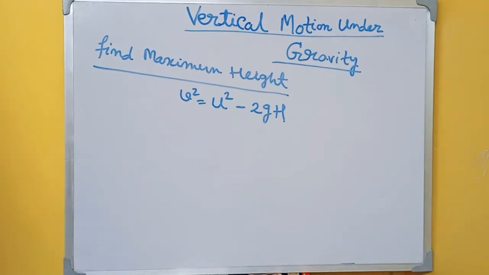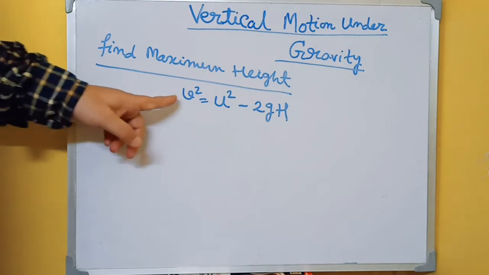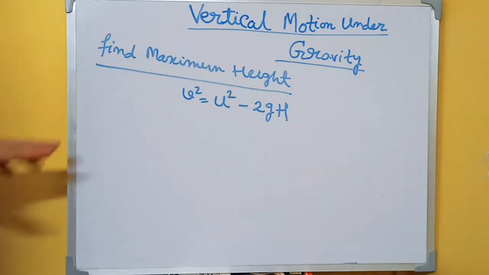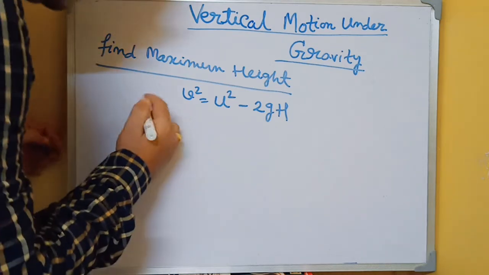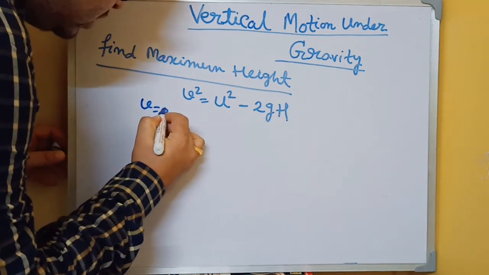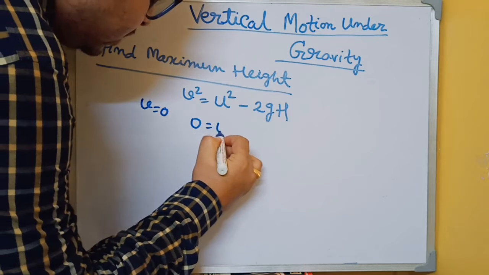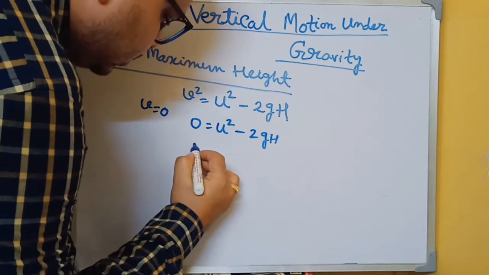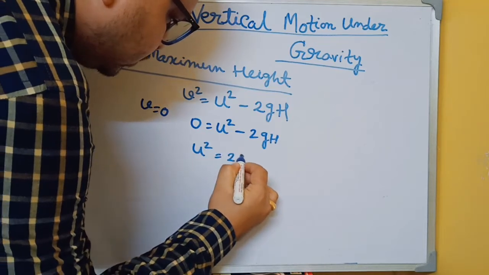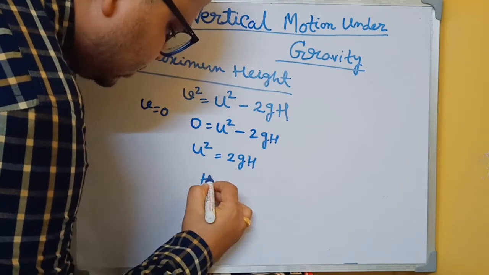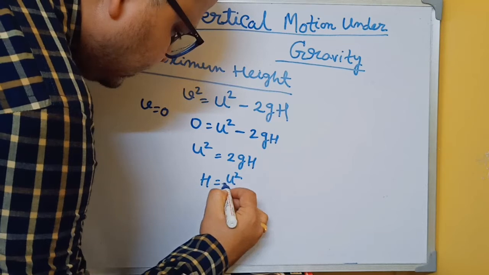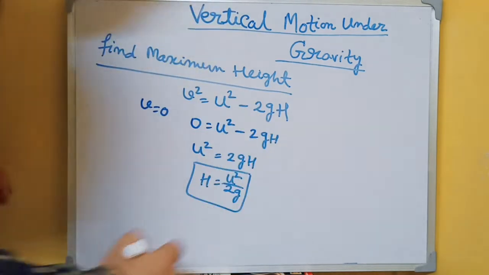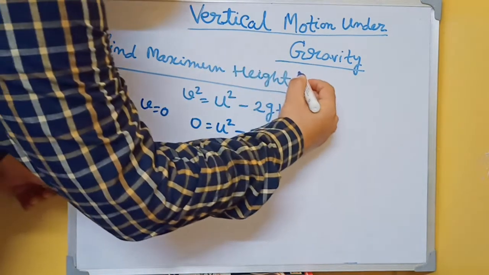At the maximum height, the velocity will become 0. That is v is equal to 0. So 0 is equal to u square minus 2gh. So u square is equal to 2gh. So h is equal to u square by 2g. That is the maximum height.